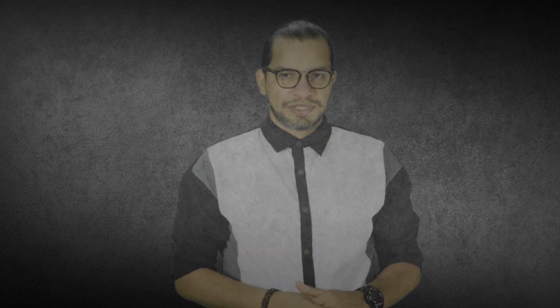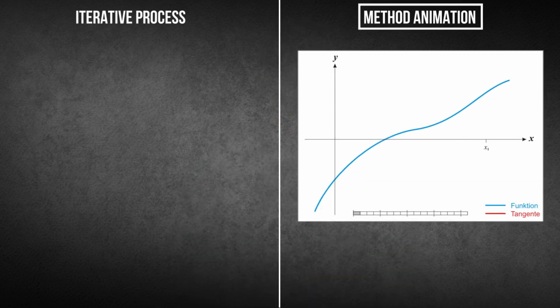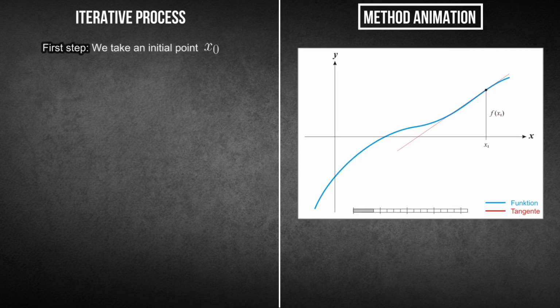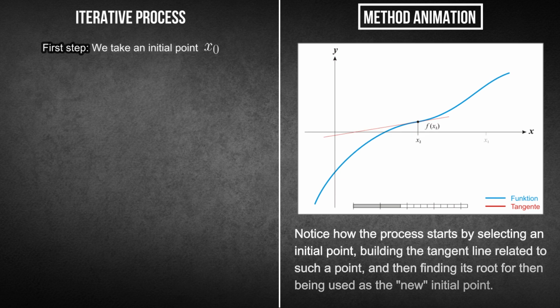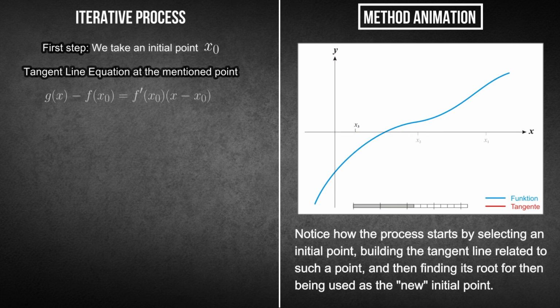A natural question arises: how can I find the roots of this function? Well, this is where the Newton-Raphson's method comes in handy by following these iterative steps. First of all, we take a value x0, for example, x0 equals 3, and we find the equation of the tangent line of f(x) at the point (x0, f(x0)).